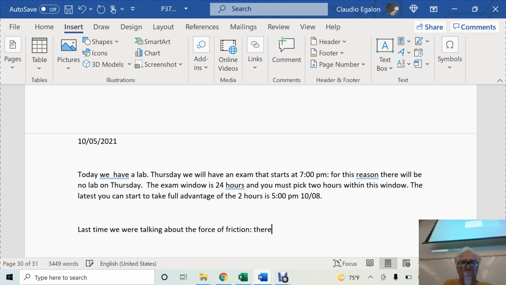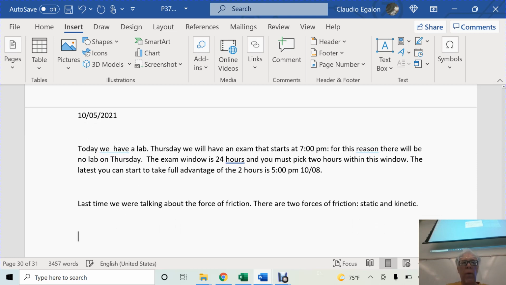There are two forces of friction: static and kinetic. Differences between them. One, force of static friction occurs when the object is at rest.